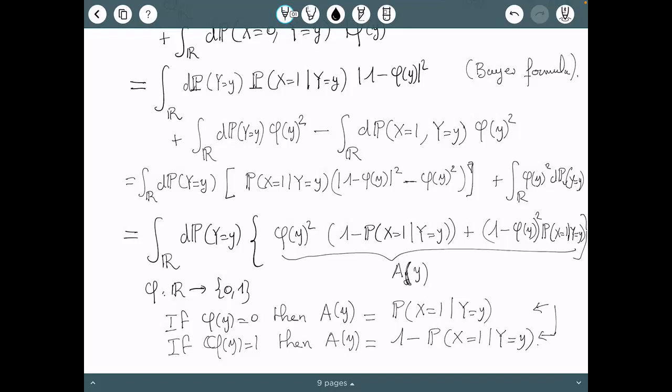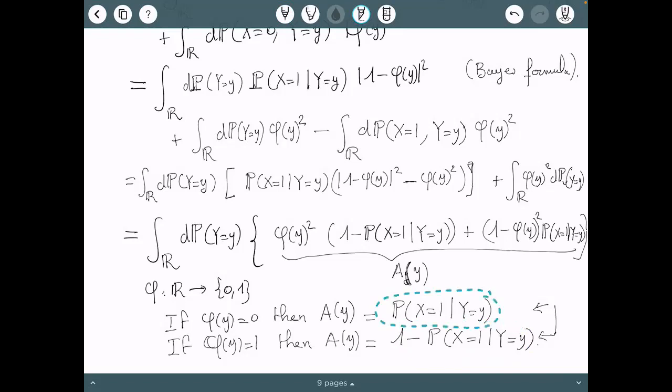So it means that, for example, imagine that this quantity is 1/3. Here you have 1/3, but here you have 2/3. So what is the smallest? Between 1/3 and 2/3, it is of course 1/3.